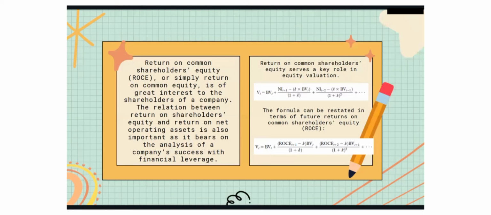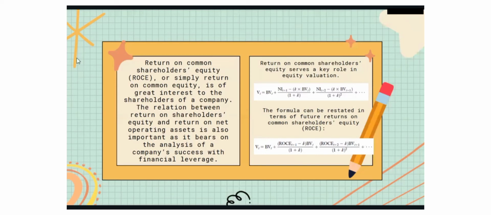The formula can be restated in terms of future returns on common shareholders' equity. The formula is P_T equals BV_T plus (ROCE_T+1 minus K) multiplied by BV_T, divided by (1 plus K), plus (ROCE_T+2 minus K) multiplied by BV_T+1, divided by (1 plus K) squared, and so on.